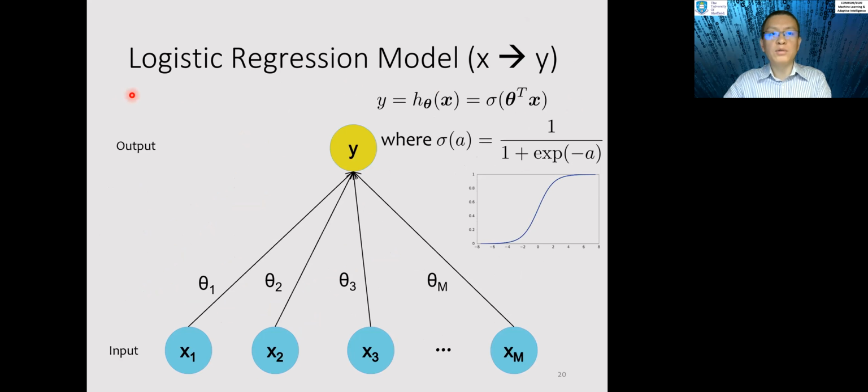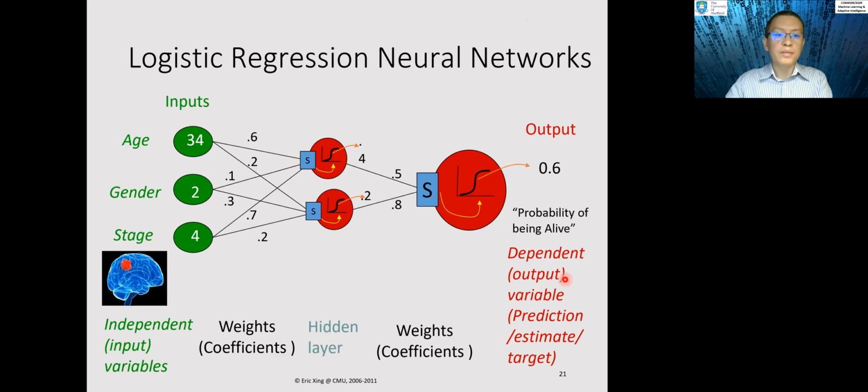Let us look at our familiar logistic regression model, which has a transformation like this. This is a nonlinear transformation. And if we put logistic regressions in sequence and cascade them, we obtain a logistic regression neural network.